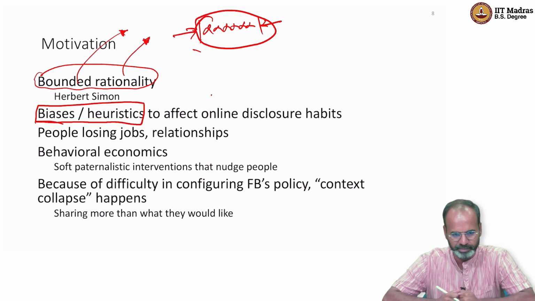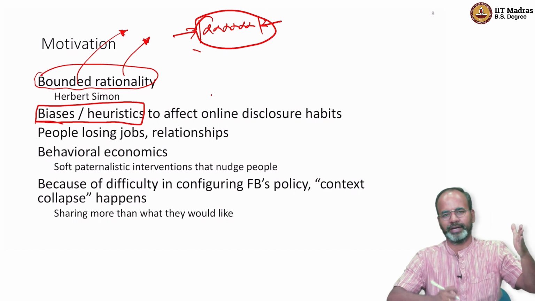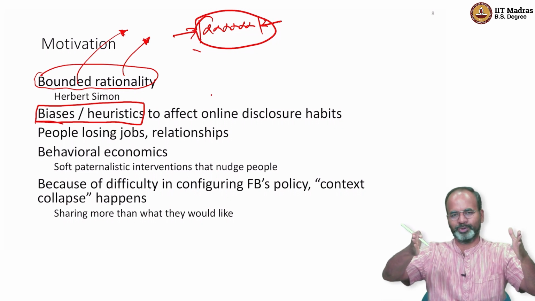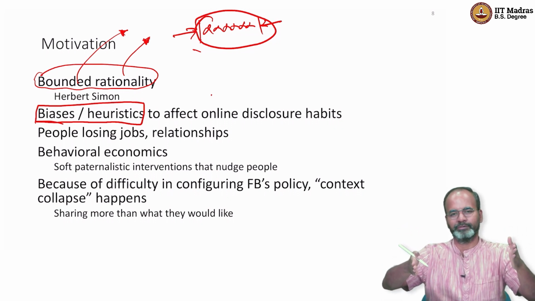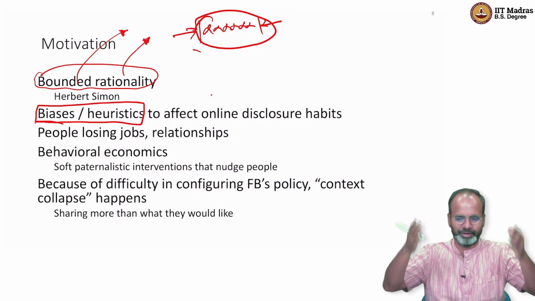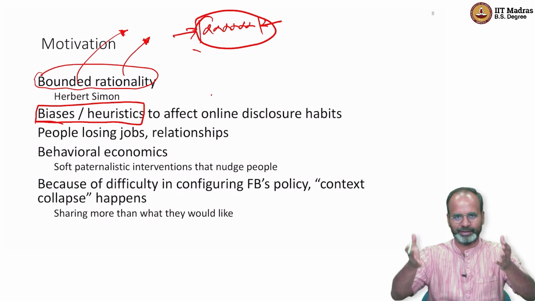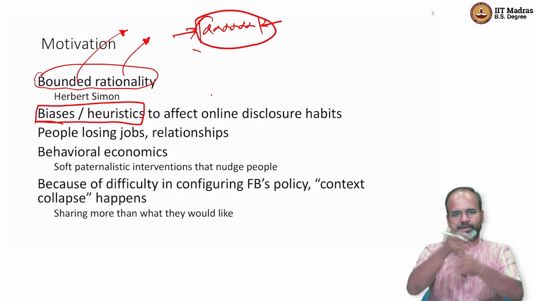Because of these regrettable moments, people have lost jobs. I post something which I should not have posted, and I'm thrown out of my job, or I don't get a job that I want. I know some people who posted on social media at some point, and that post came back to bite them when they were being interviewed for a job, and they did not get the job. At least the feedback the candidate got was that he did not get the job because of these kinds of posts.